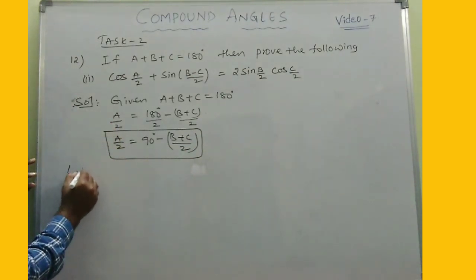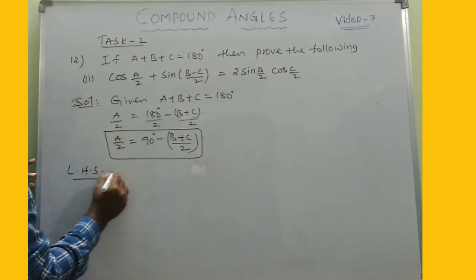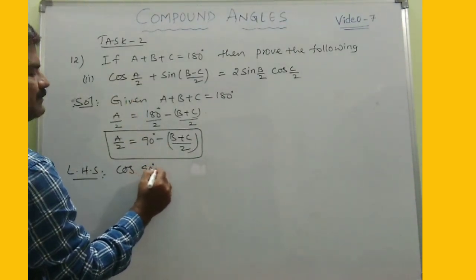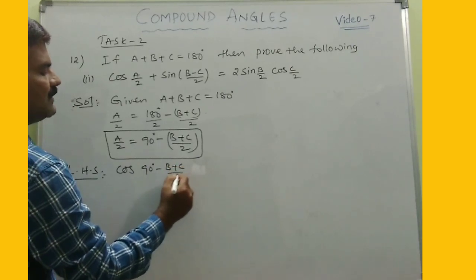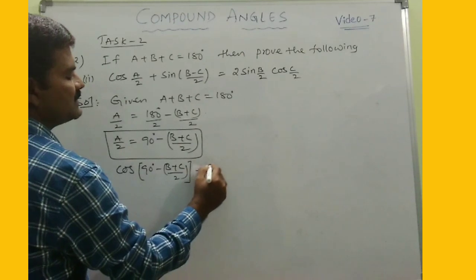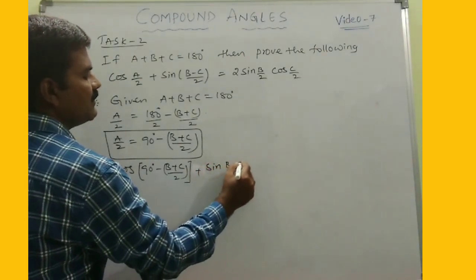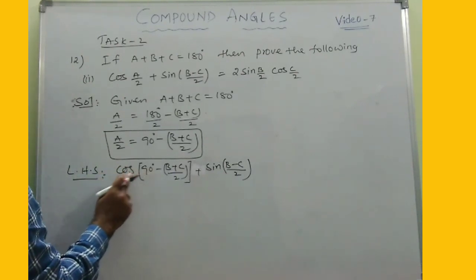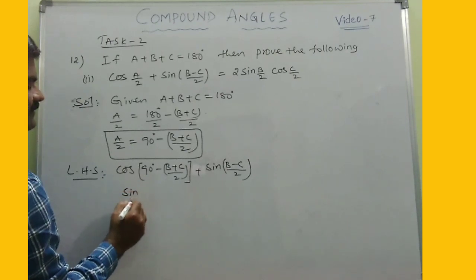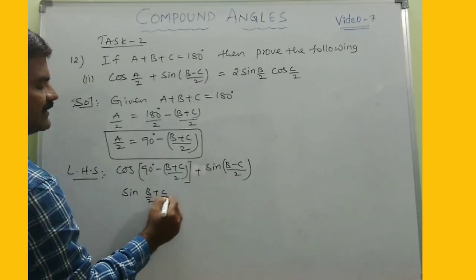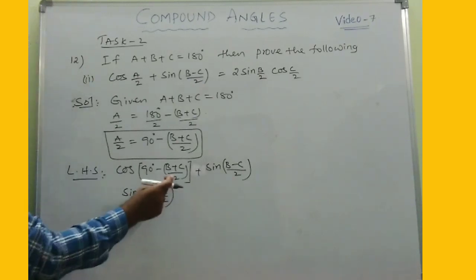So coming to LHS, what is LHS? Cos A by 2. A by 2 is nothing but I can replace with 90 minus (B plus C) by 2, plus sin of (B minus C) by 2. Okay. Now because of 90, cos changes into sin. Okay. So (B plus C) by 2, I can further write as B by 2 plus C by 2, isn't it?